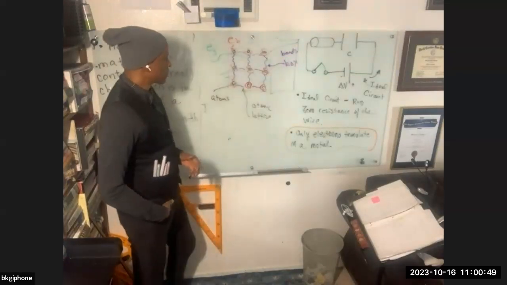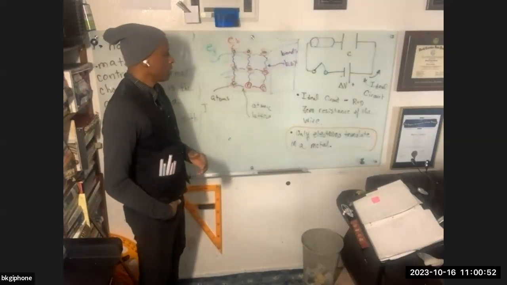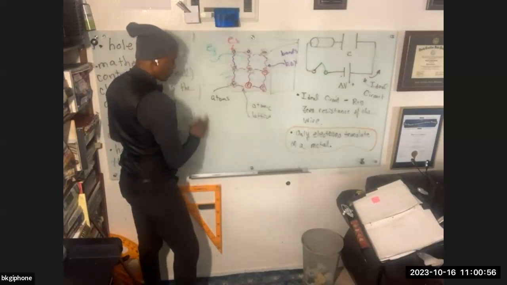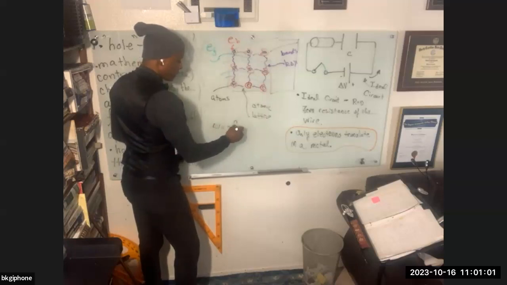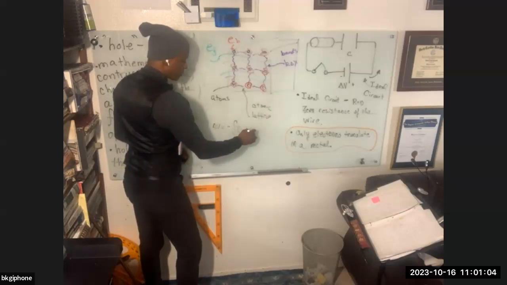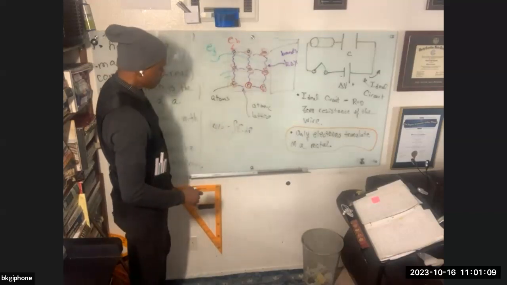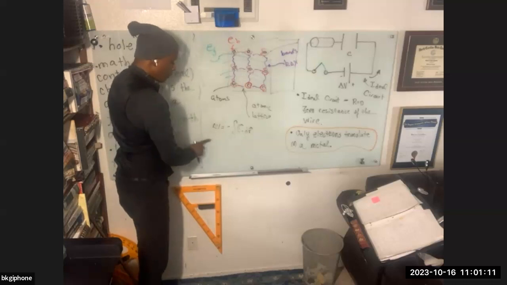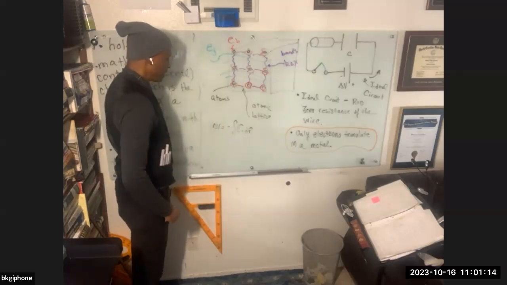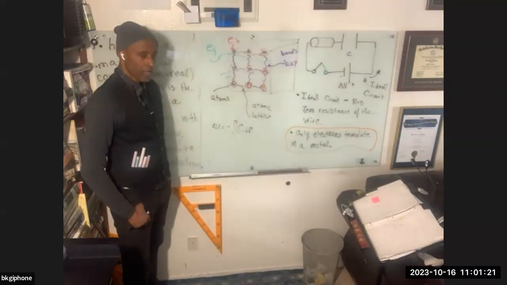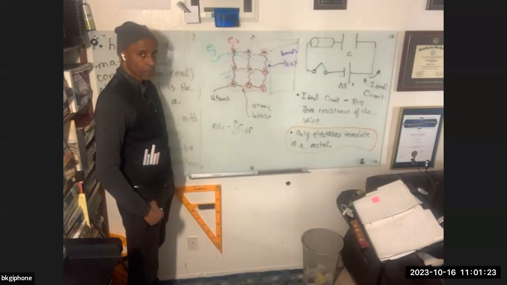Whenever I close the circuit, we know from what we discussed in the last chapter that delta V is equal to negative integral of E dot dl, or dr. If there is a non-zero potential difference, there has to be an electric field associated with that. Otherwise, the potential difference will be zero.